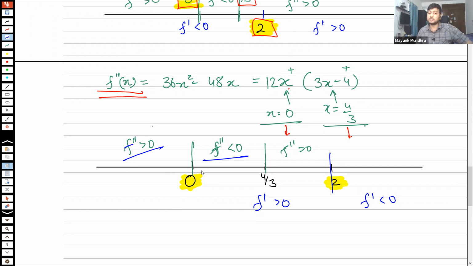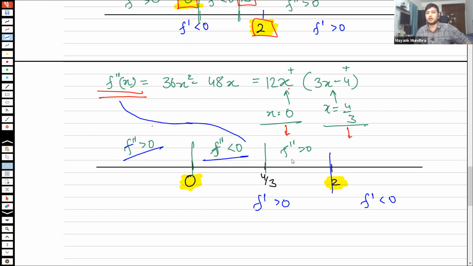And f prime is always negative here. So it's going to be convex downward, and then it's going to be concave downwards, right? So the curve probably looks like something like this.